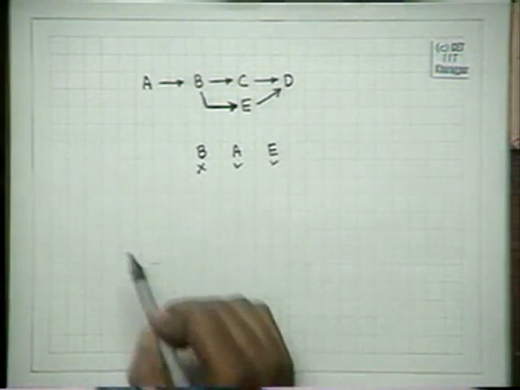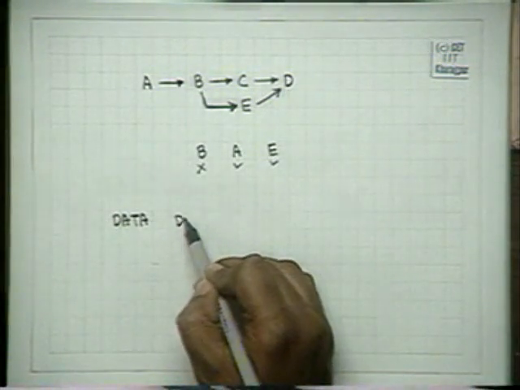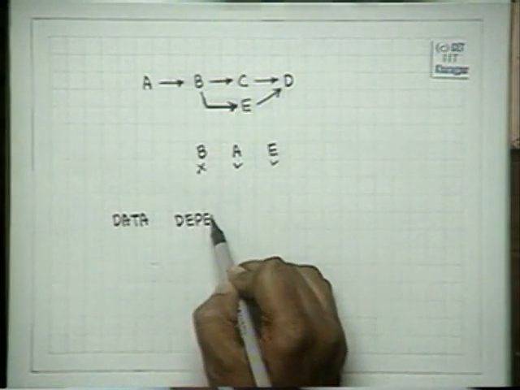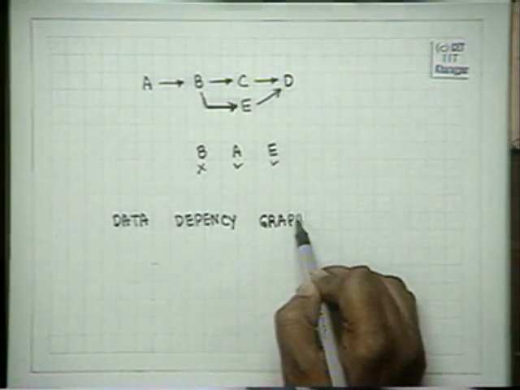So what you get is called a data dependency graph for locking.